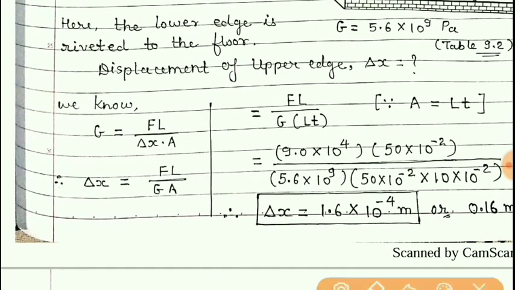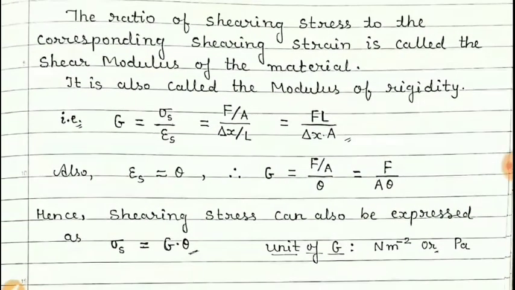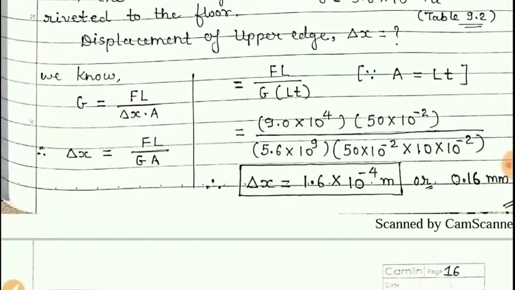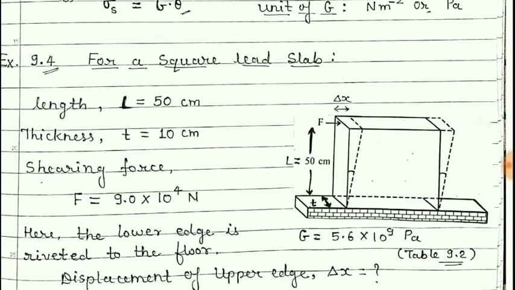We know that shear modulus G is equal to FL upon delta x into A. From where we obtained this? So it is here. Students, here this area is the cross section area at which the force is applied.